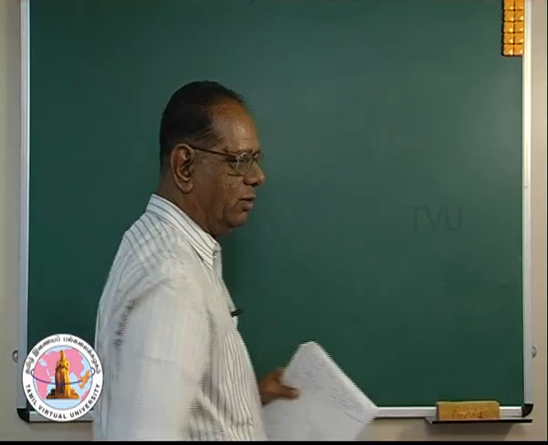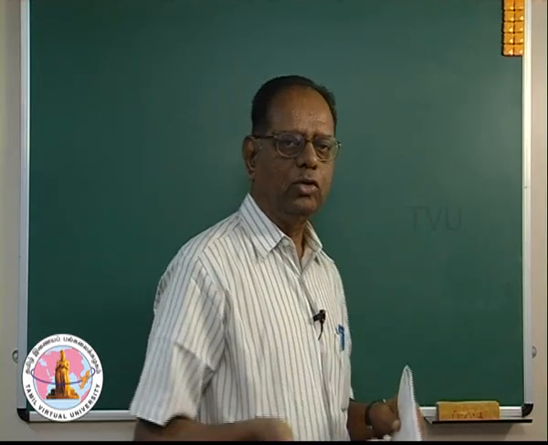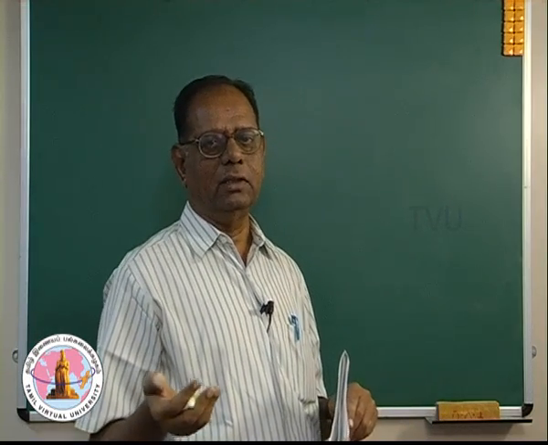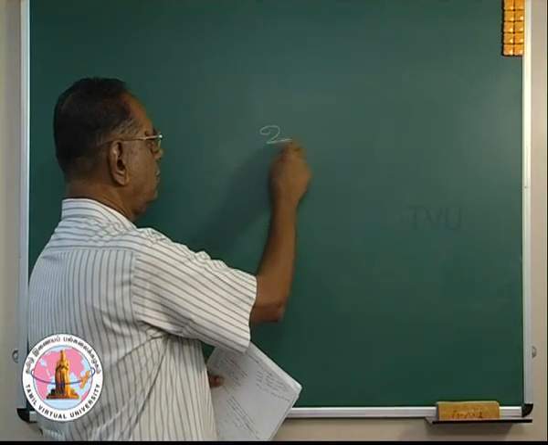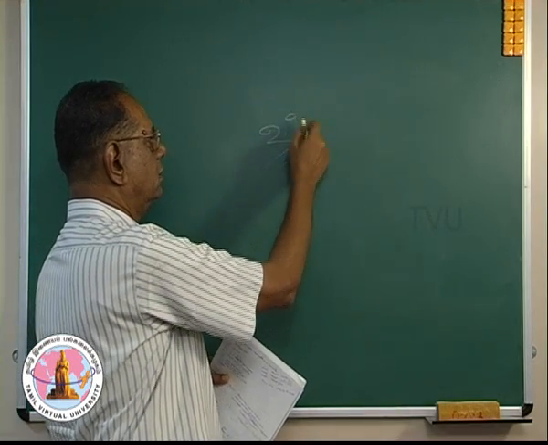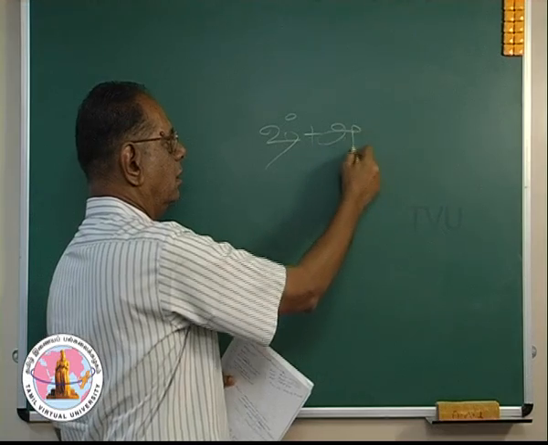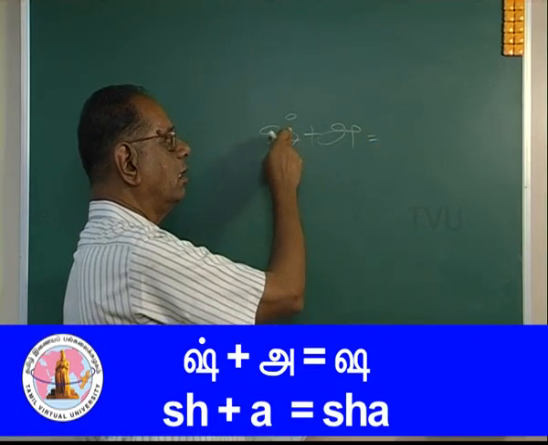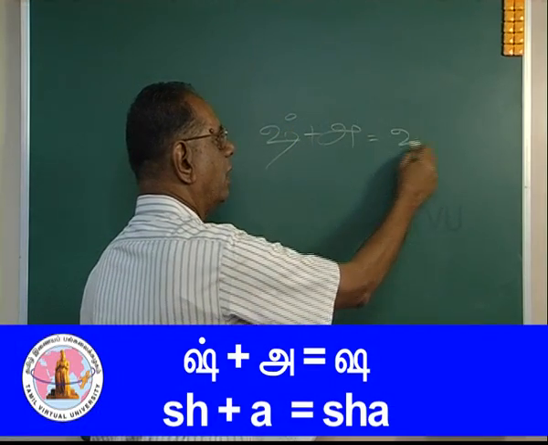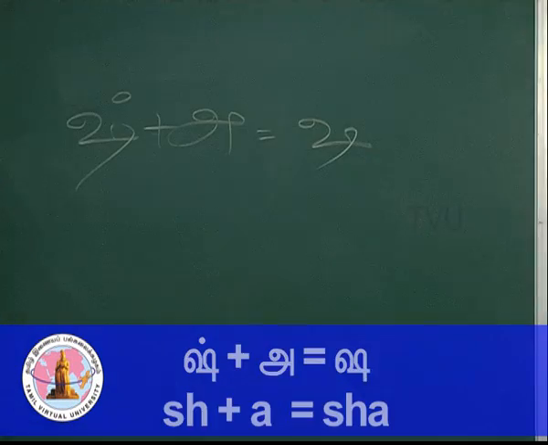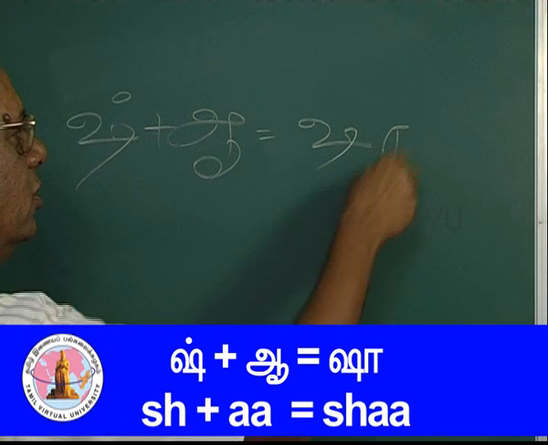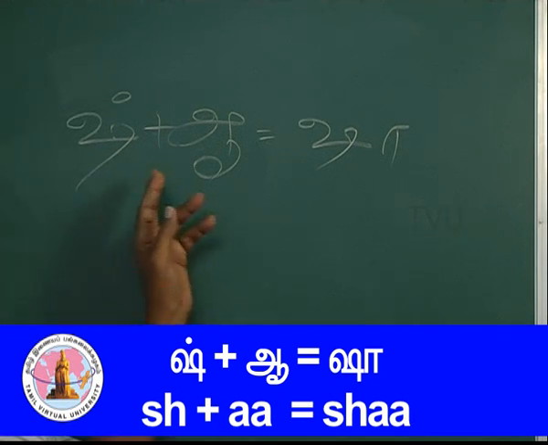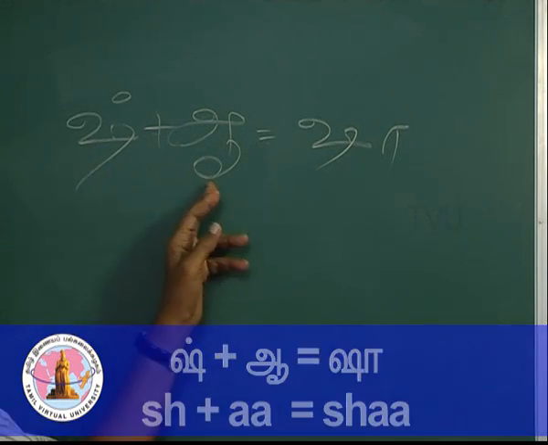When it takes up the vowels, naturally it takes up the markers. You remove the dot and it becomes a consonantal vowel. And this is A, it becomes Sha.